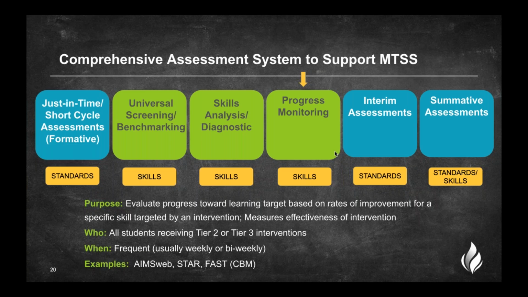Some people push back and say progress monitoring is too frequent. We only progress monitor once a month or once every 2 months. That's not really progress monitoring. So I ask those districts, how effective do you feel your interventions are with your students? How aligned are they to the students' need?